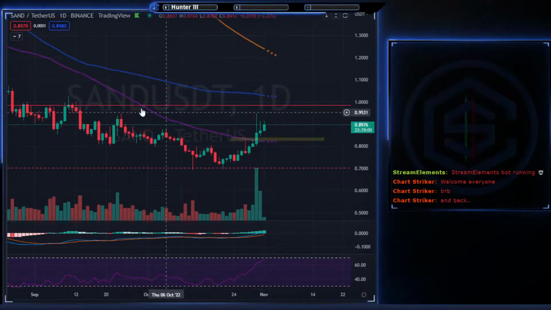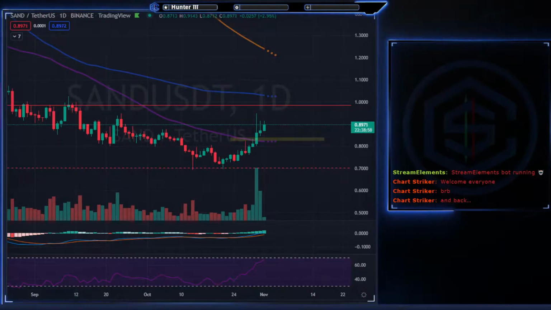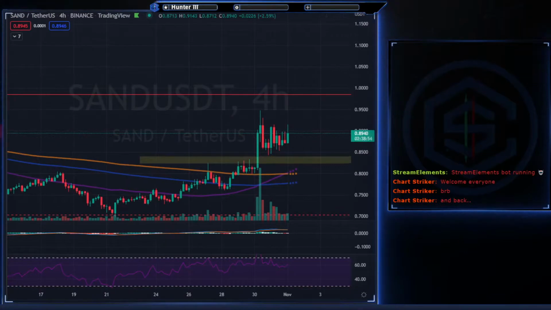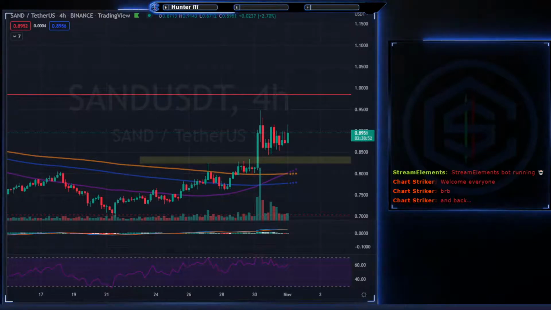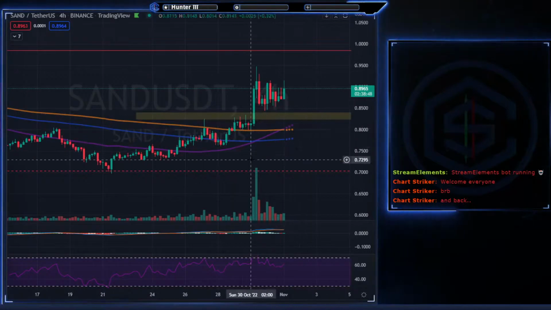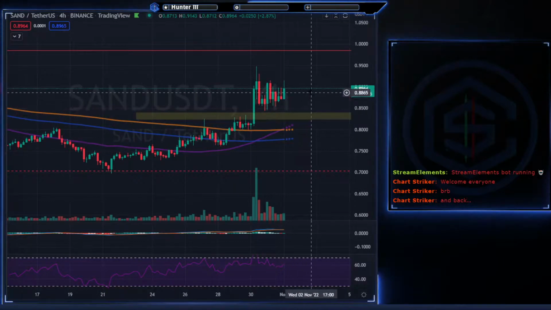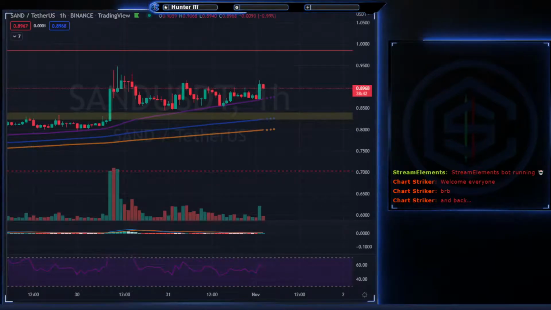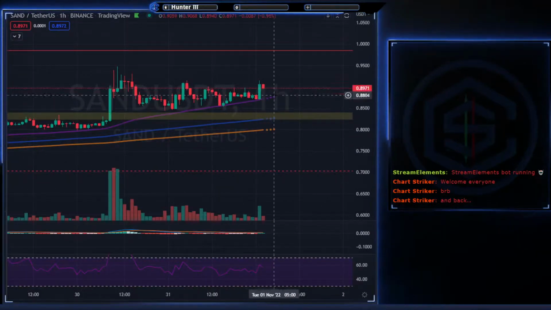We are above the short-term moving average, which is a good sign. And looking at the 4 hourly, like this is not bad. This is not bad. Okay, we're crawling up. But since we are at resistance, I wouldn't be surprised.